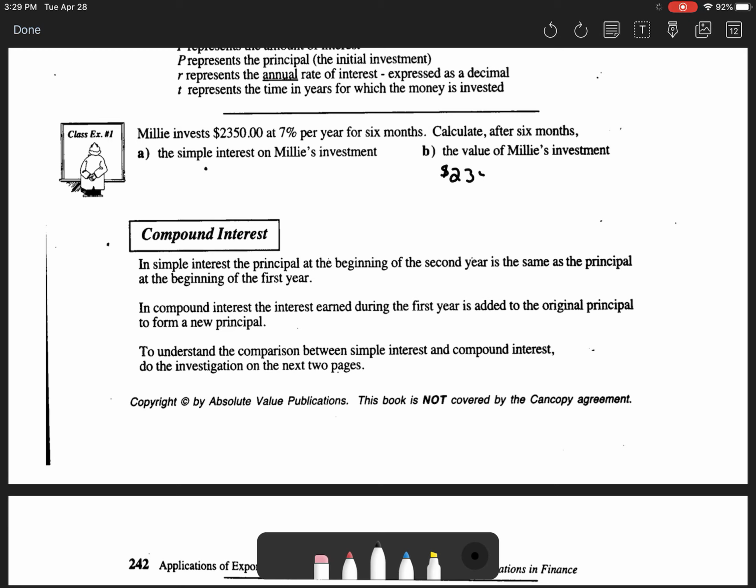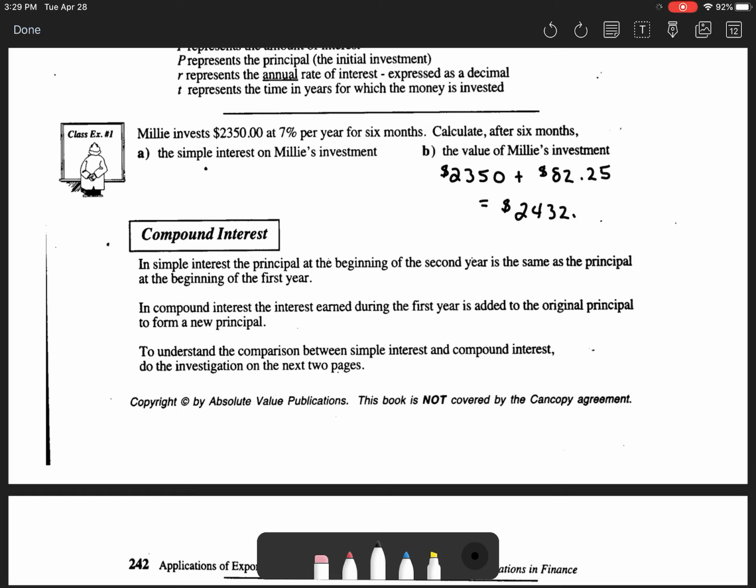So now they want to know the value, okay, of her, I apologize. They want to know the value of her investment. So if I want to calculate the total value of her investment, I would add the initial amount that she started with, plus the interest that she accumulated in part A of the question.